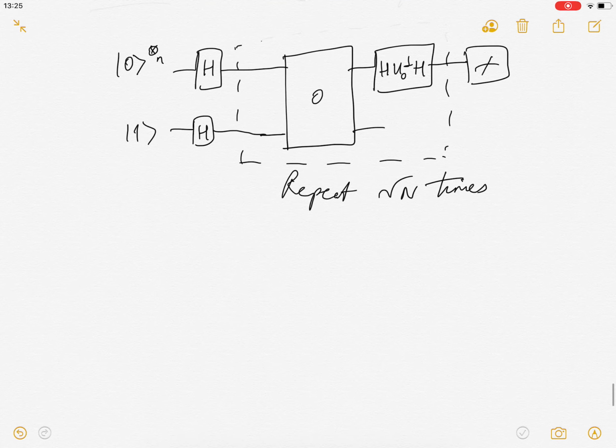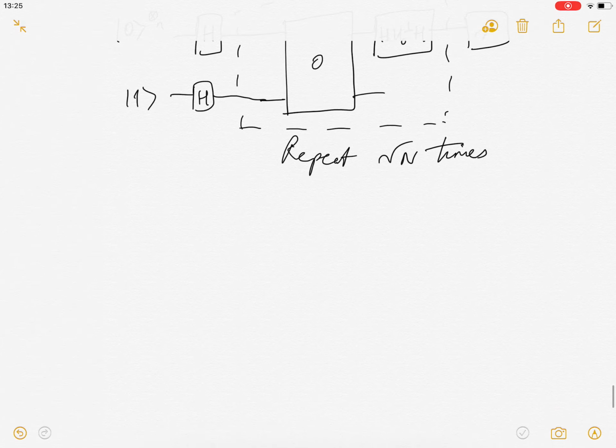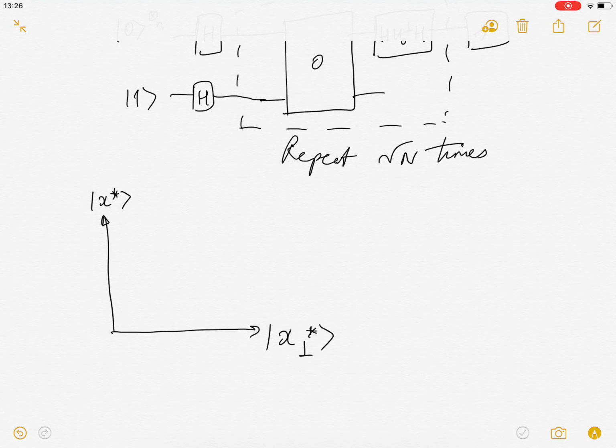Imagine a two-dimensional vector space spanned by the key value x star and the non-key values, states orthogonal to the key value, x perp star.